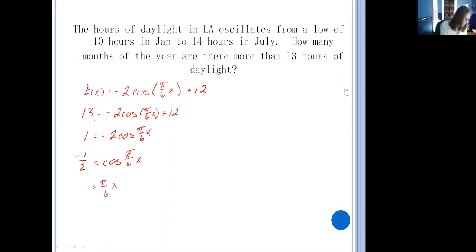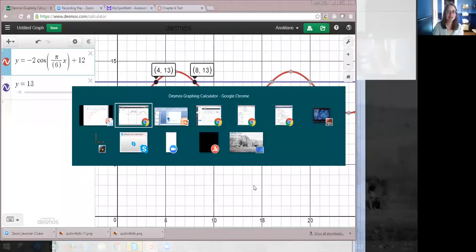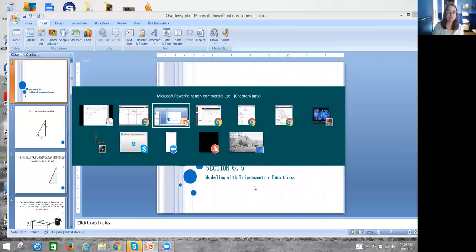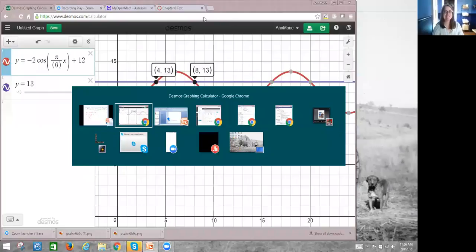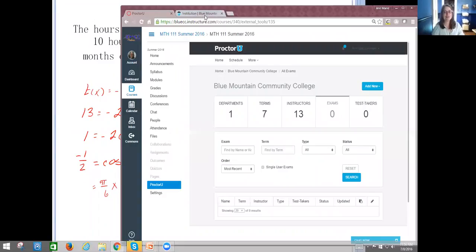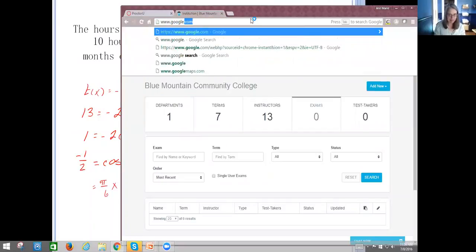So let me look. Let's find our unit circle. I'm drawing a blank today. Memorize that unit circle so you don't look foolish like me. Look up the unit circle.